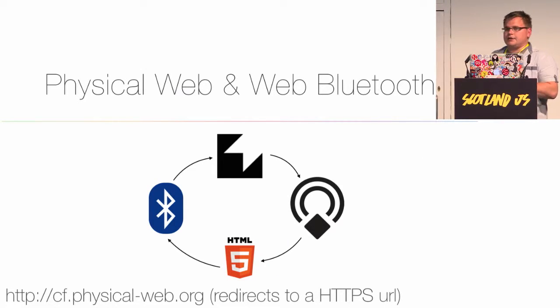And we get into this nice circular motion where this device broadcasts a URL, and you can change the URL on the device using Web Bluetooth. That's pretty neat. So this device broadcasts cf.physicalweb.org, which takes you to a website. You can then connect to the device using Web Bluetooth, change the URL, and then, hey presto, it's this really nice circle.